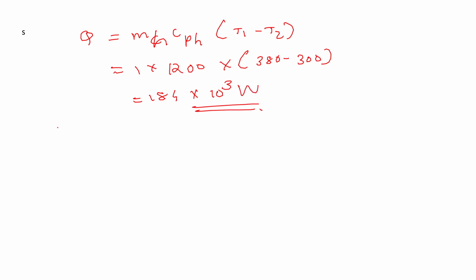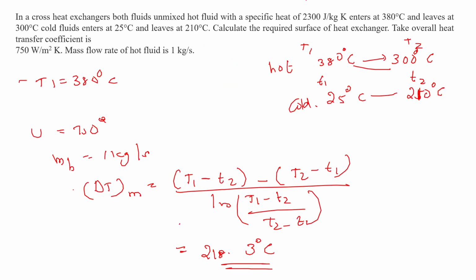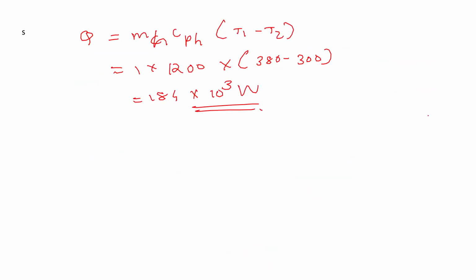Now to find F, we have to calculate the parameters, so if we plot on an axis, the x-axis value will be P, that is (t2 minus t1) divided by (T1 minus t1). Its value will be 0.52.